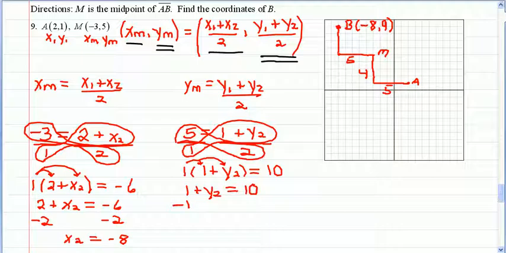I subtract 1 from both sides so that I get y sub 2 equals 9. So point B has coordinates of -8, 9.